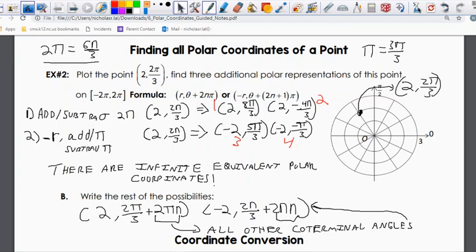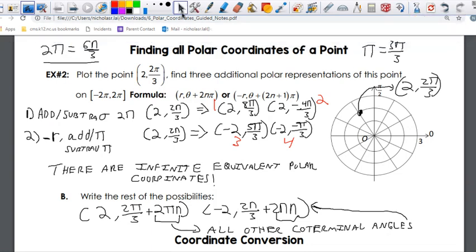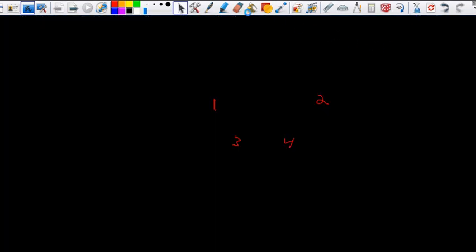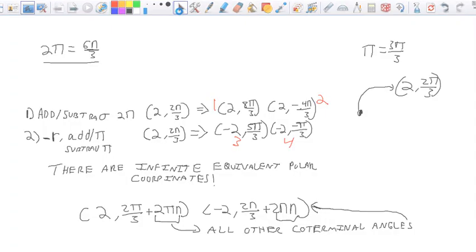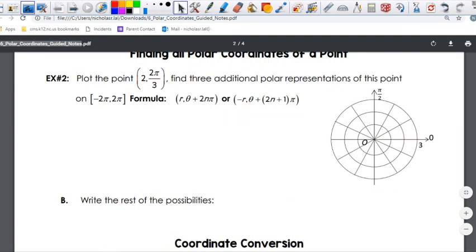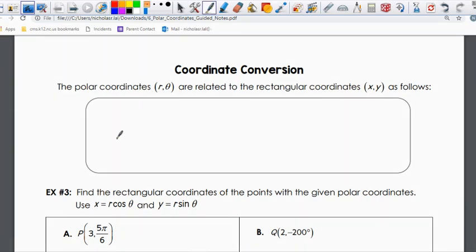All right. Coordinate conversion. So the polar coordinates r, theta are related to the rectangular coordinates x, y as follows.